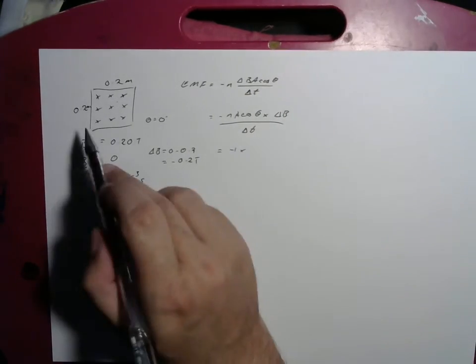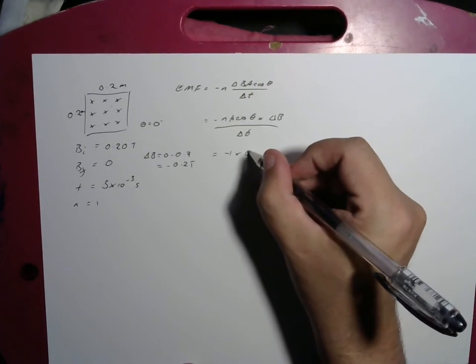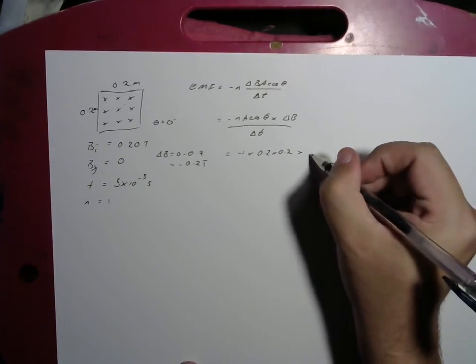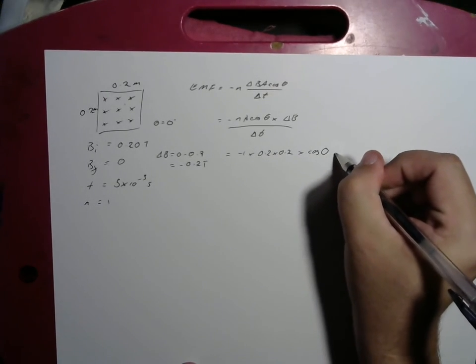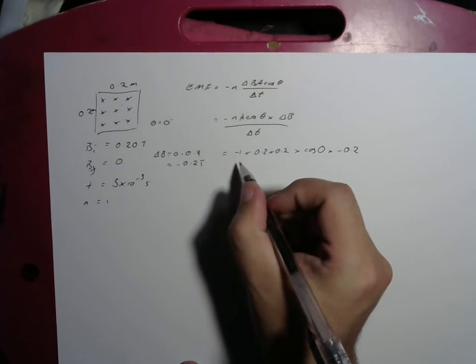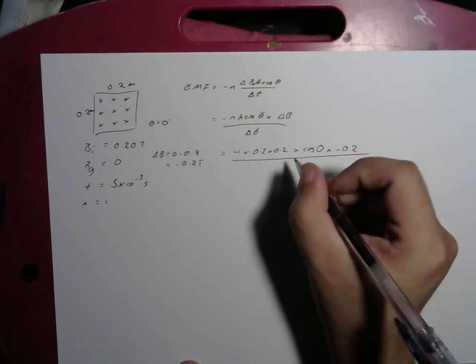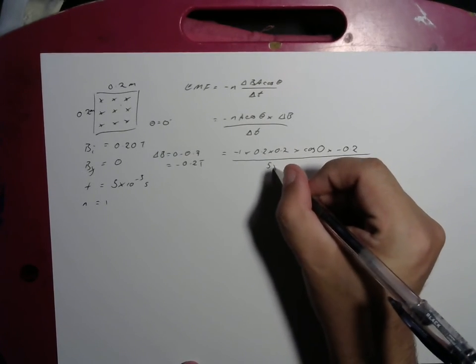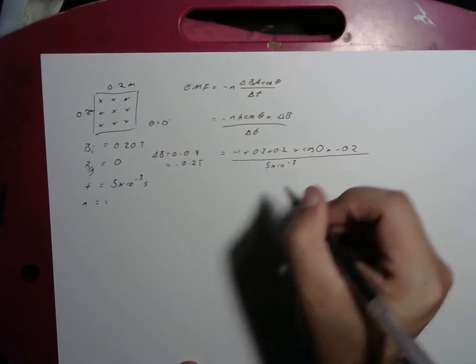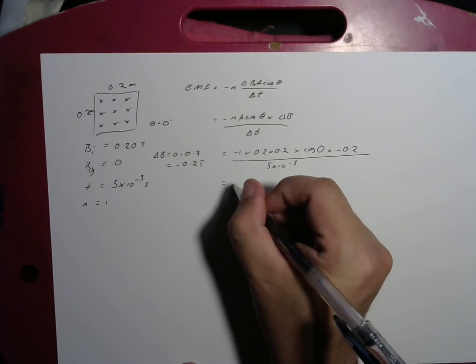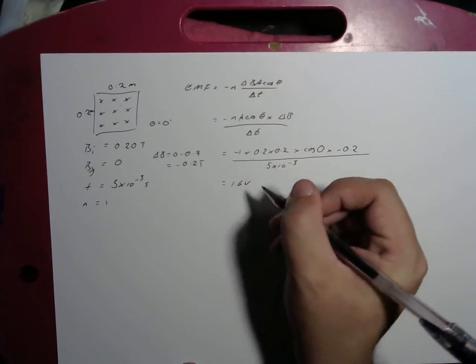Well, our area is a square, so 0.2 times 0.2 times the cosine of 0 times our delta B, negative 0.2, all divided by our time, which was 5 milliseconds, 5 times 10 to the negative 3. Now we substitute all that in, and we get a voltage of 1.6 volts.